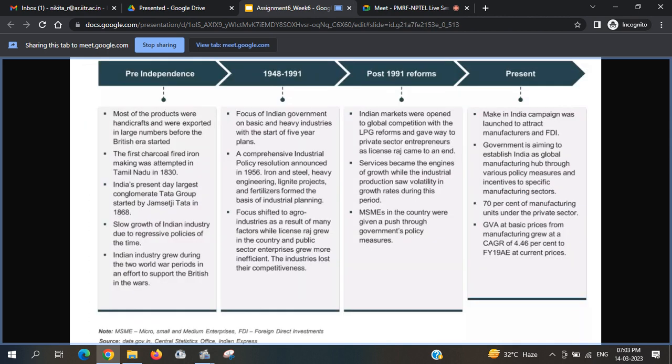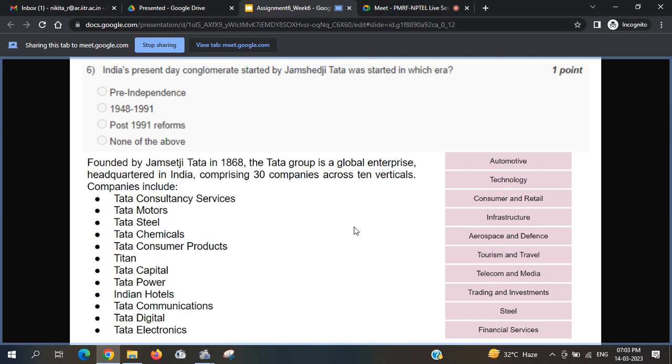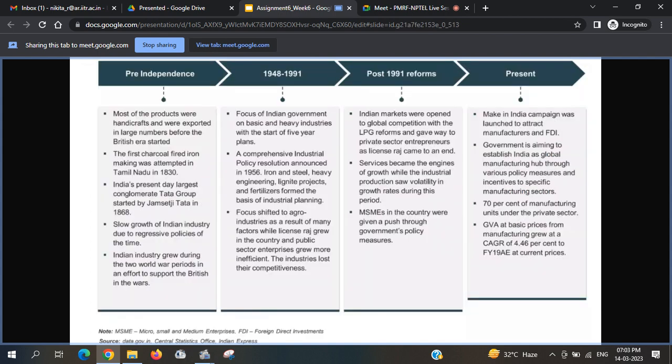So this was actually founded in 1868, which is the pre-independence era, which I think it is clear to you now what the answer to this question is, that the conglomerate was established in the pre-independence era.